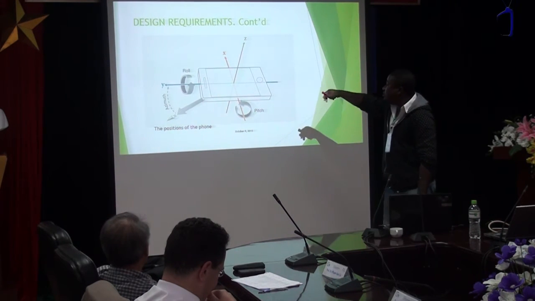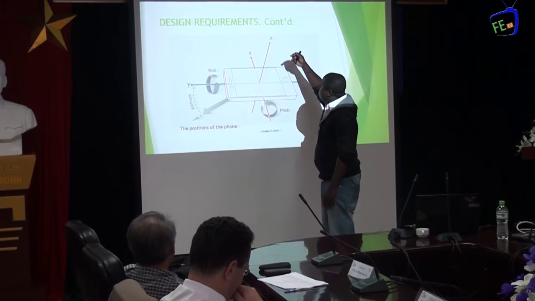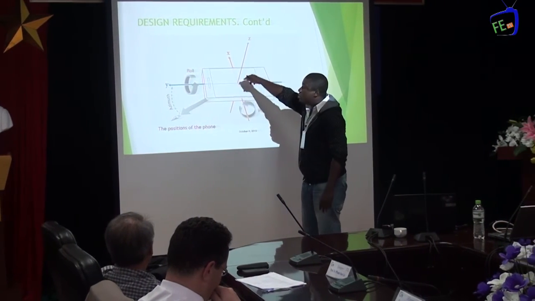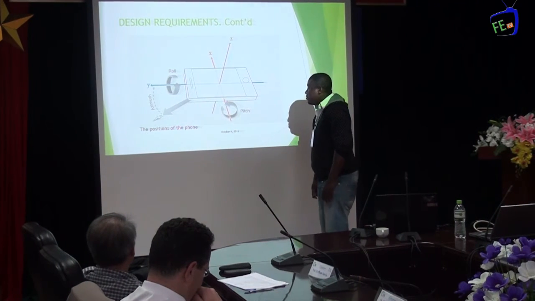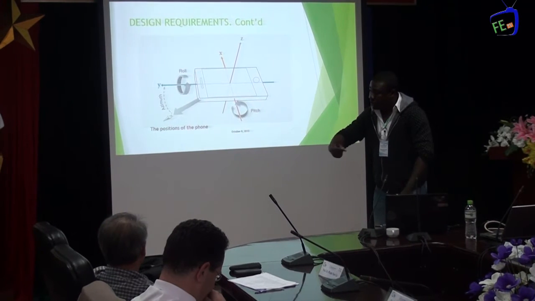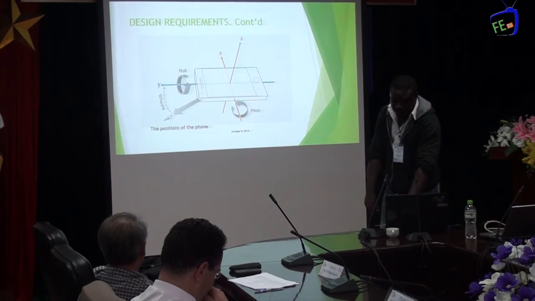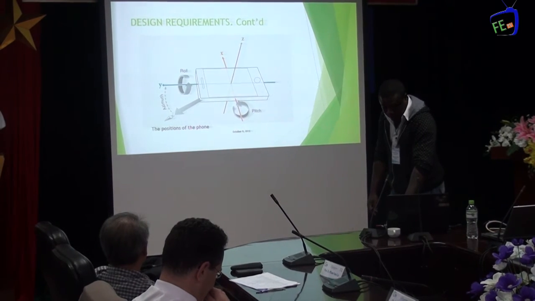Now, this is an example of the accelerometer and gyroscope, the positioning of the phone at any given point in time, whether the user is rotating around in circles or placing the phone in the wrong direction.